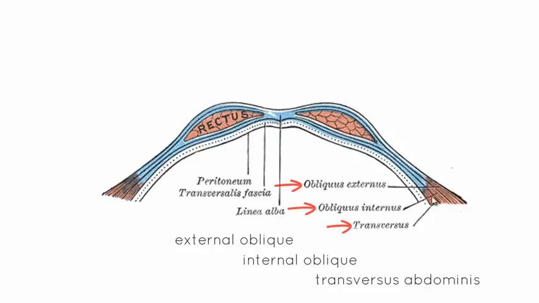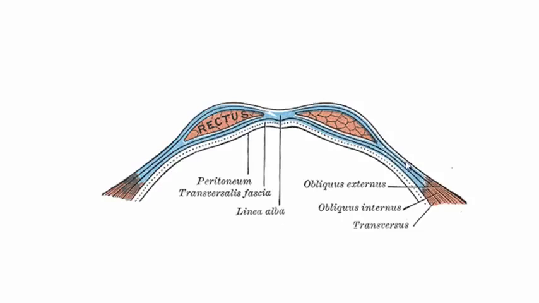As you can see, these muscles form this flat tendon which is known as an aponeurosis. So the aponeuroses of these three muscles enclose the rectus abdominis muscle in what is called the rectus sheath, and these aponeuroses meet at the midline to form the linea alba.